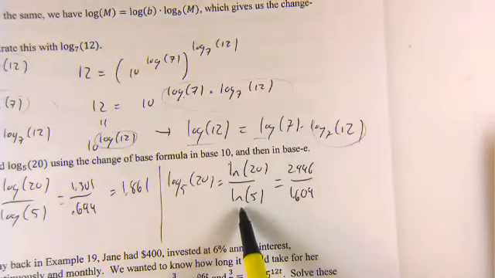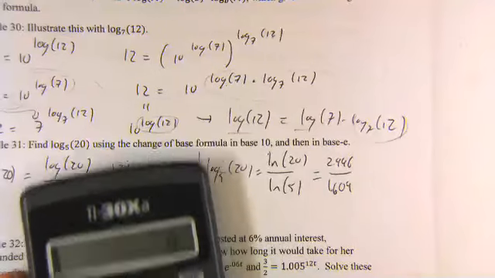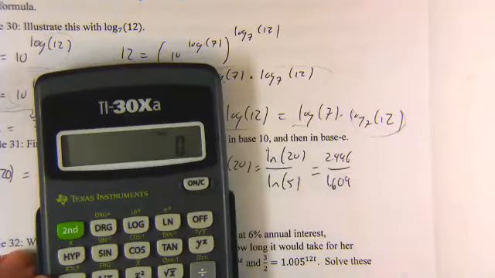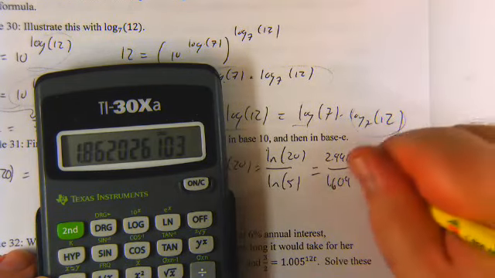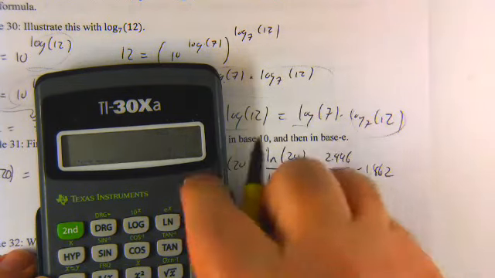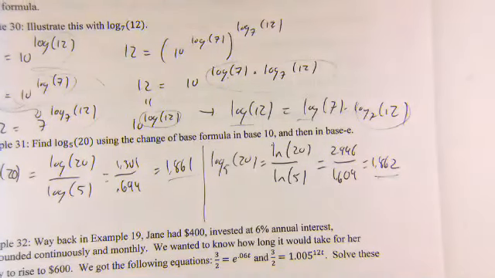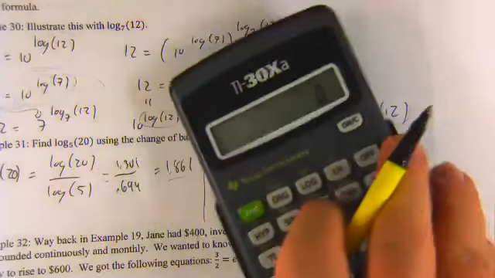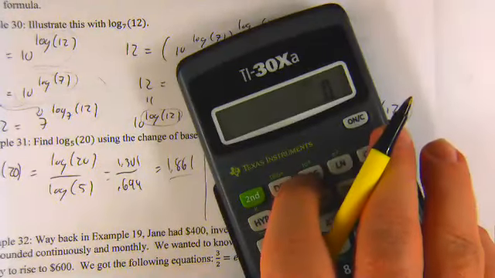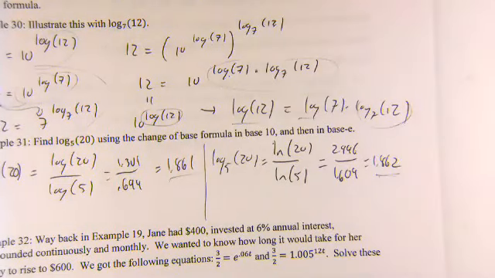So ln of 20 divided by ln of 5 is 2.996 divided by 1.609. And if we do that division, we get 1.862. These numbers should actually be the same, but I rounded in different places, so the numbers are slightly different. But it doesn't matter what base you use. So if you've got a calculator like mine that only has ln, base e, and log, which is base 10, you can still figure out any of the logarithms.